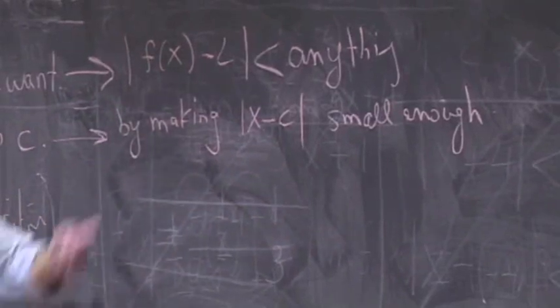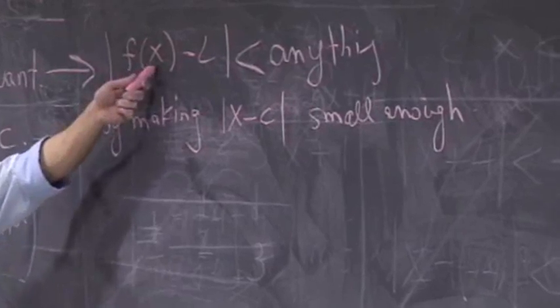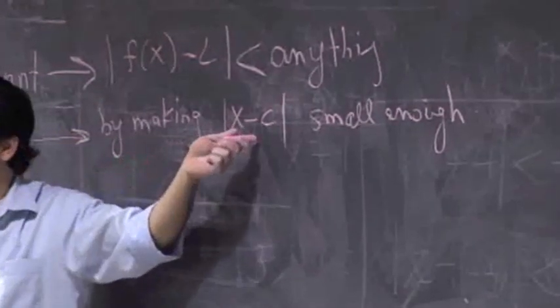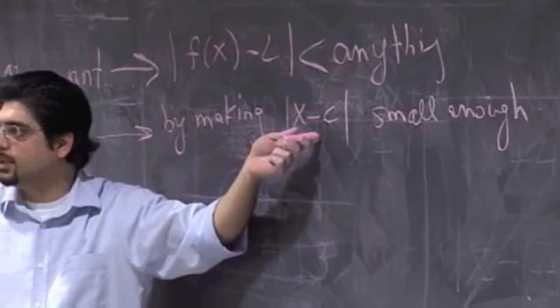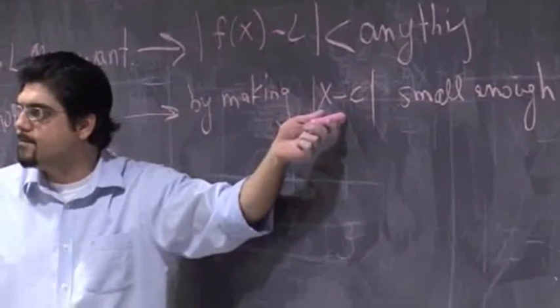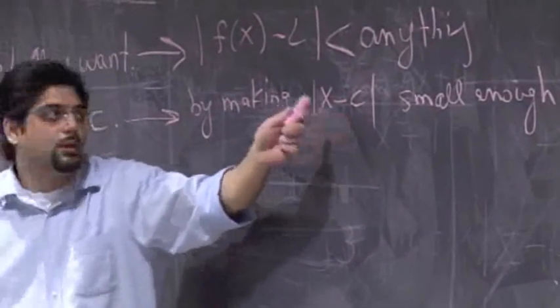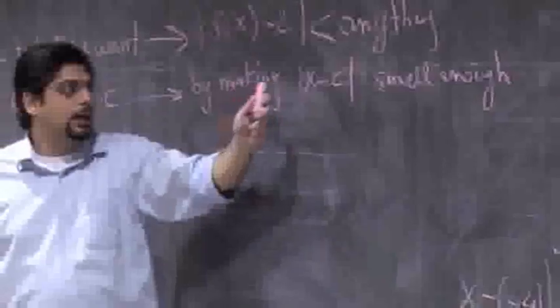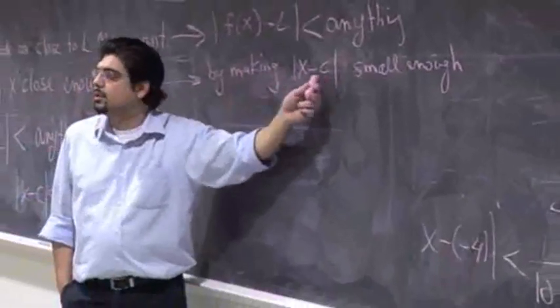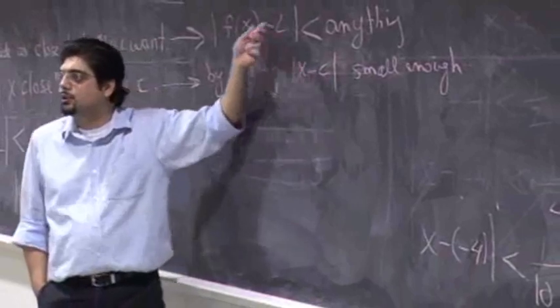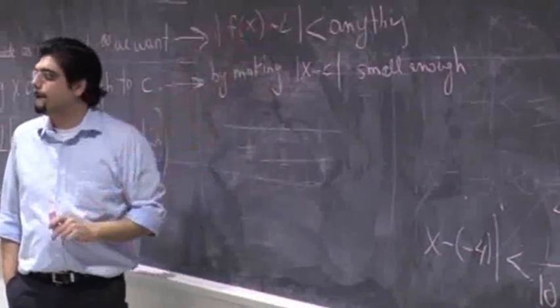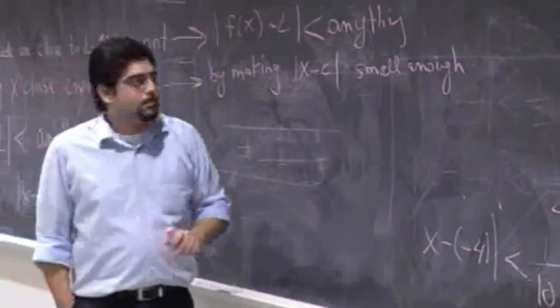So, the only way I can control this is by controlling this. Okay? Does that make sense? If I want to make f close to L, I have to move x close to c. So this is what I control, and that in turn controls this. You with me? Okay.